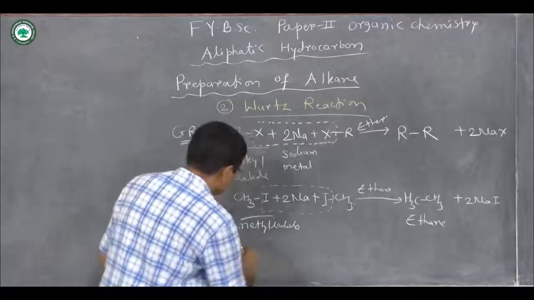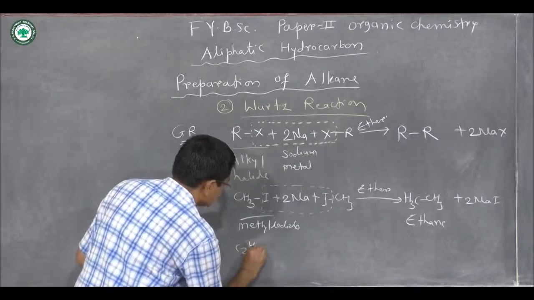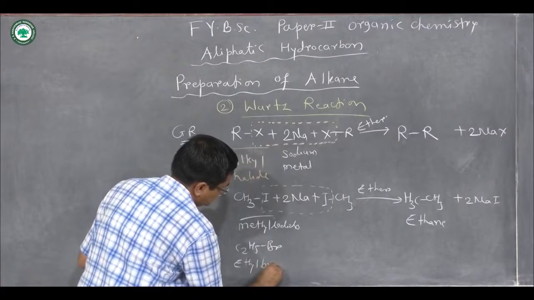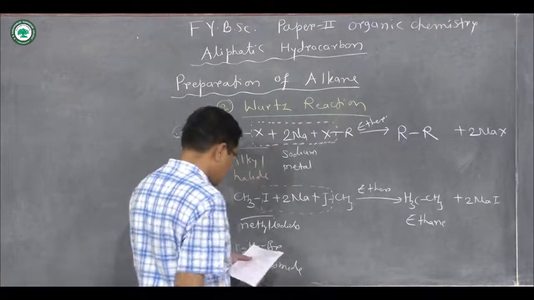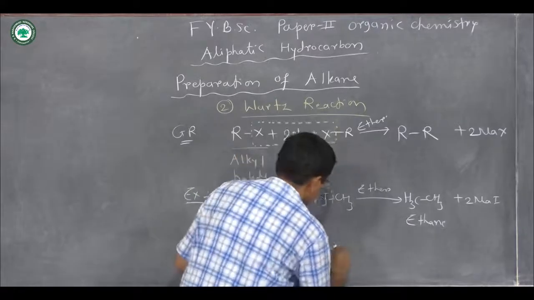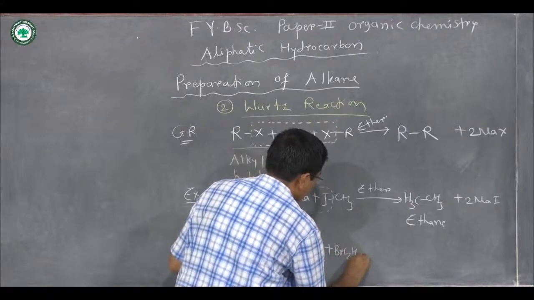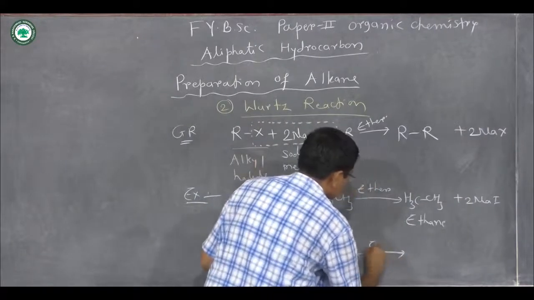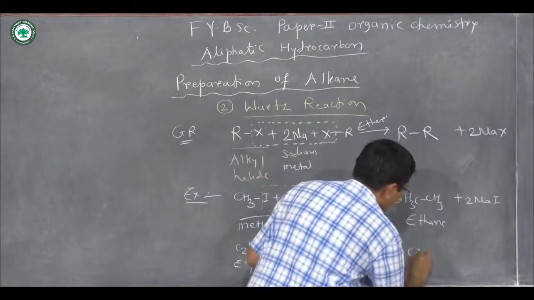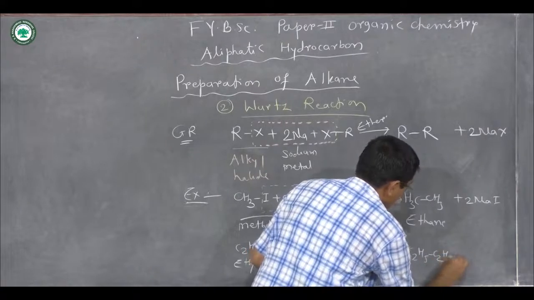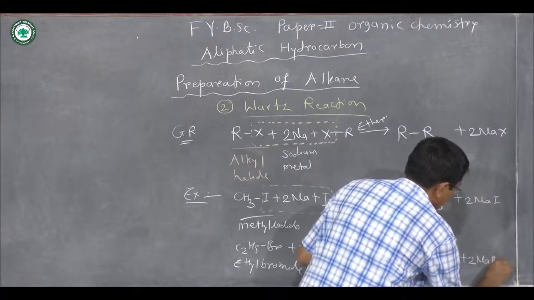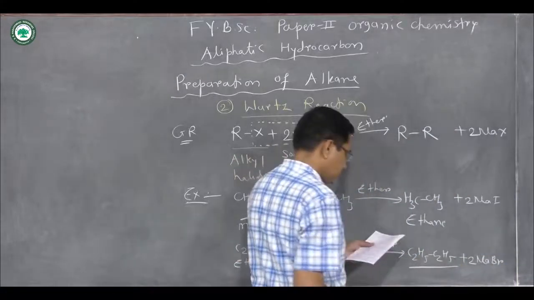Now suppose you take 2 moles of ethyl bromide with sodium metal, this is n-butane.